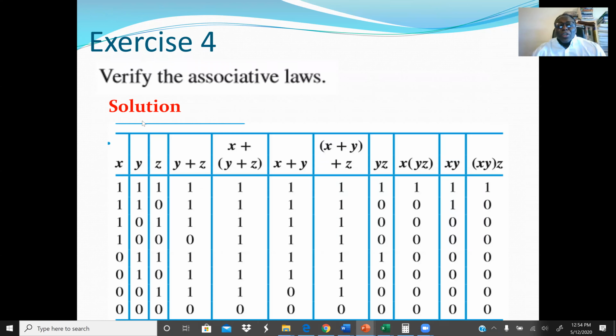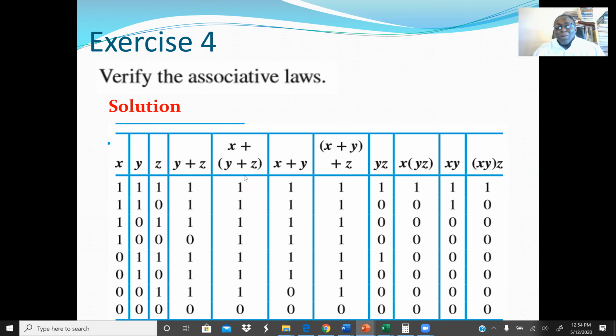And they say here we should verify the associative laws. Here they give us S plus parenthesis Y plus Z, or S plus Y parenthesis plus Z. So associative laws means we're changing the grouping of the variables in the parentheses.